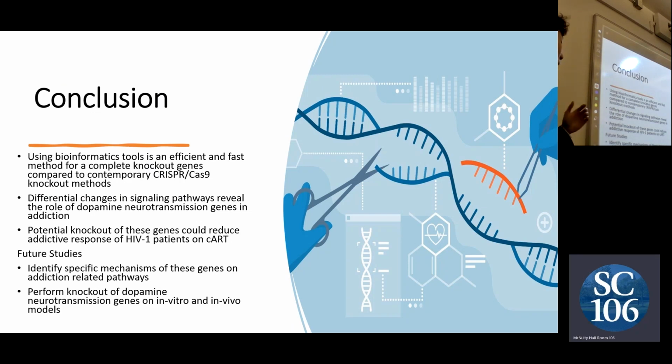I also showed that the potential knockout of those specific 6 genes could reduce the addictive response and addictive behavior in HIV patients on CART therapy. In the future, I'd like to explore the specific mechanisms of these genes and how these knockouts of dopamine neurotransmission genes would be affected in in vitro and in vivo models.